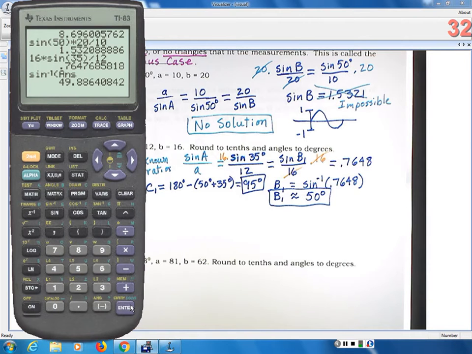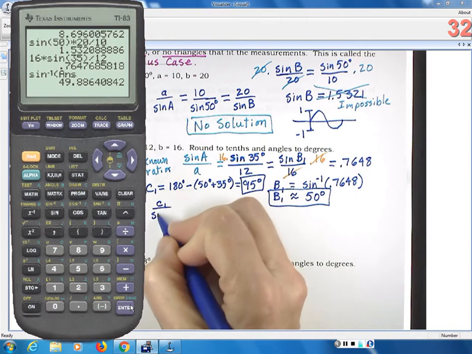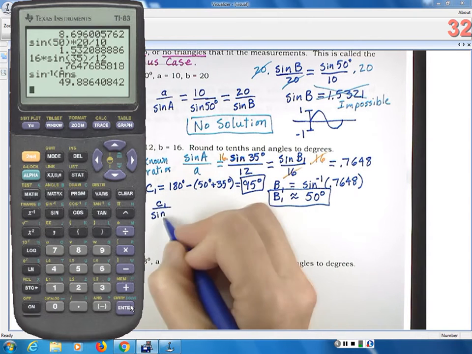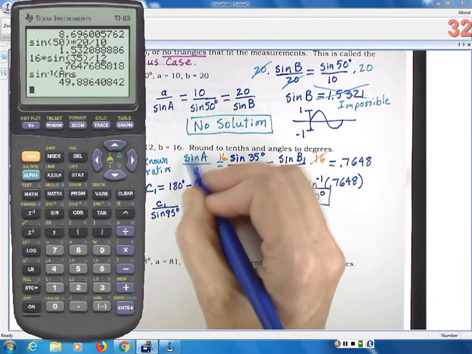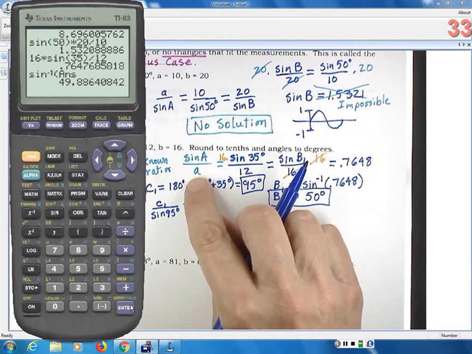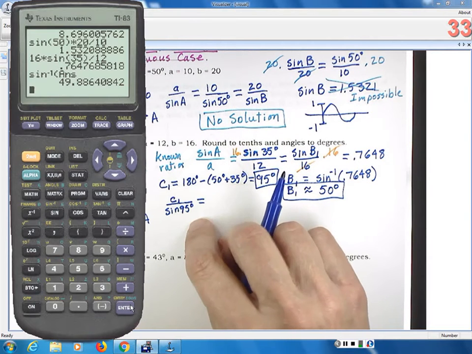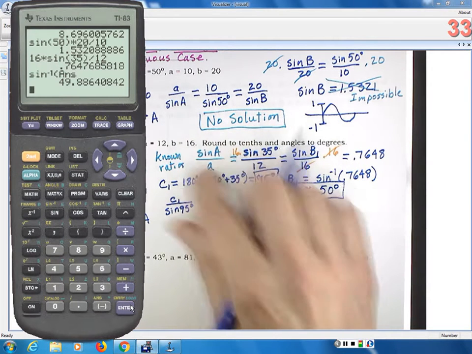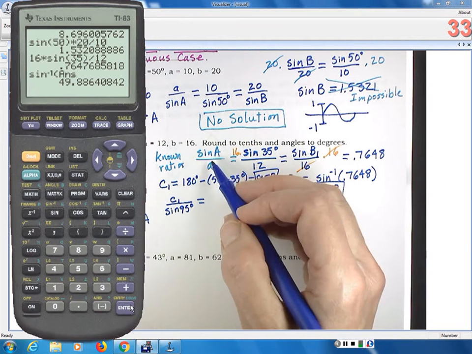So C1 over sine of angle C, 95 degrees, is going to equal the sine of A over A. I may as well use what I was given at first in case I made a mistake somewhere, although it would carry through. If you can choose, you may as well pick things that were given to you first.